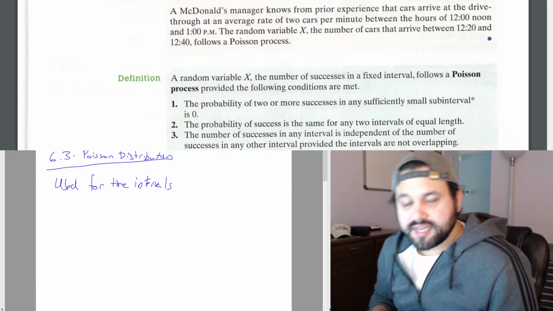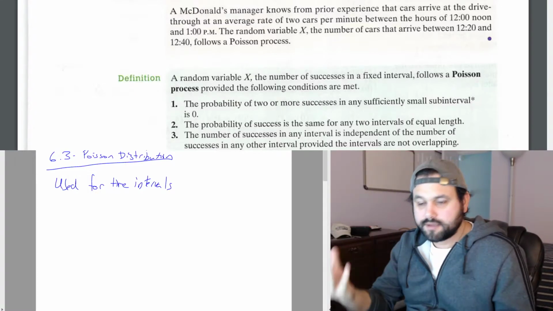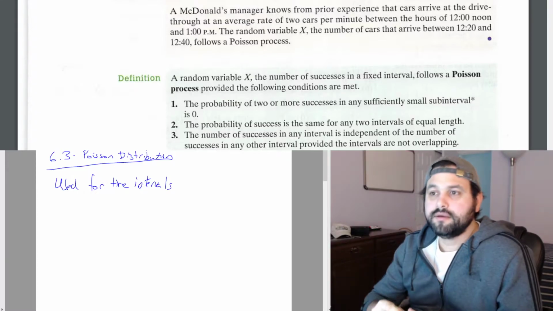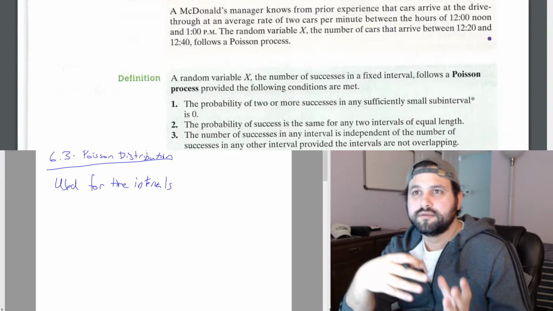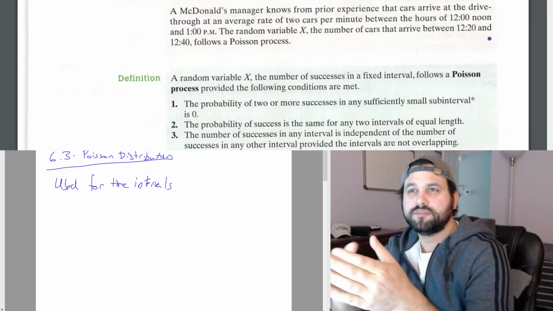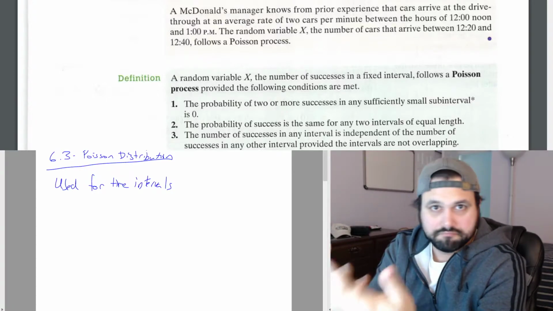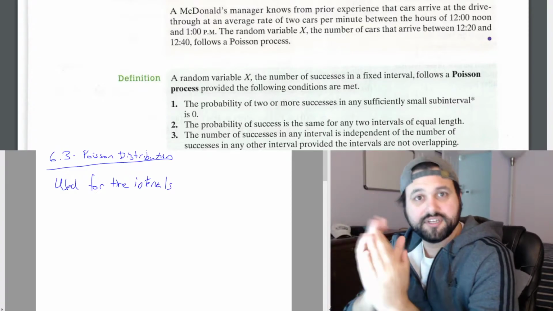The idea here is that there's an average rate per measure. Could be minutes, could be hours, could be days, whatever that may be. But there's an average rate. And then we basically ask, what's the probability of a certain amount of things happening in a certain interval of time?